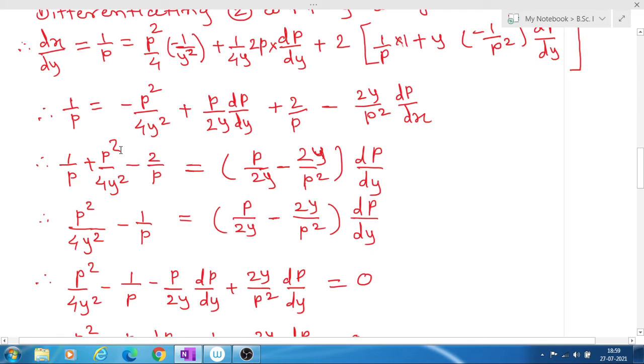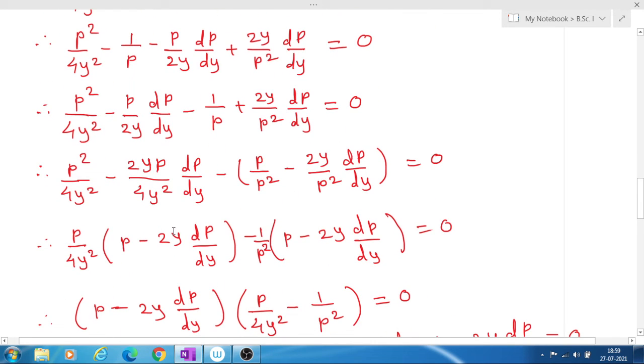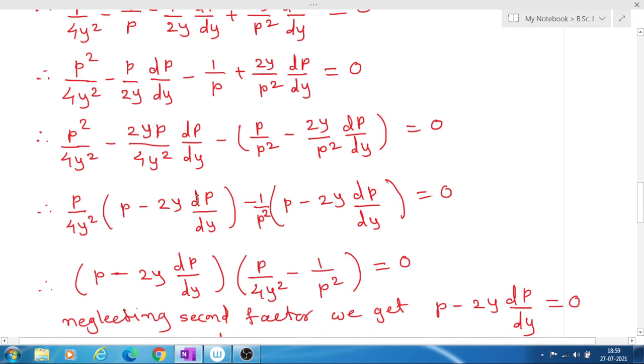So simplifying all the terms, we get these terms. Now again here we have to simplify.